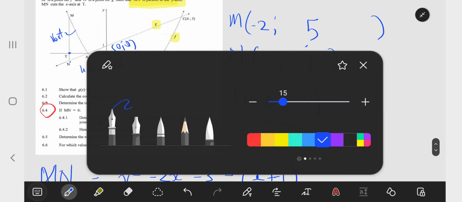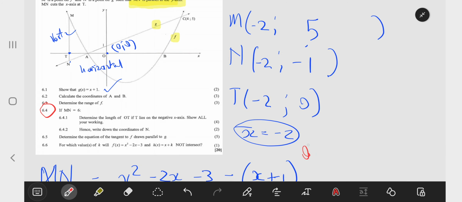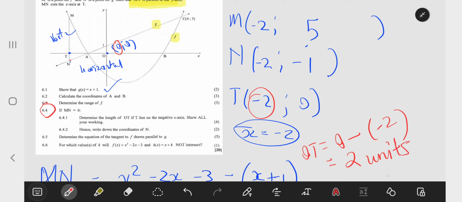It means OT, we subtract the x on the right, which is 0, right? Then minus the x on the side of T, the x at T, negative 2. So minus negative 2. And the answer, negative times negative gives positive. So here it will be positive 2 units.